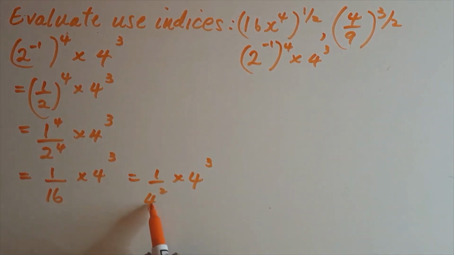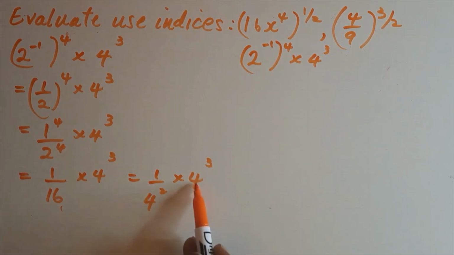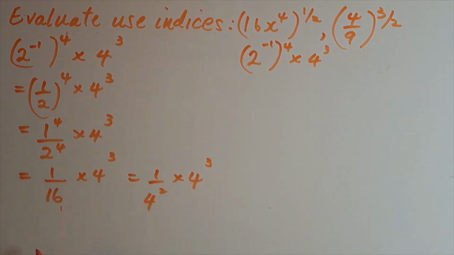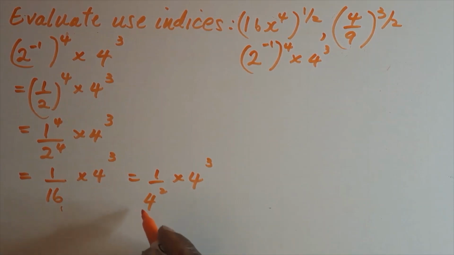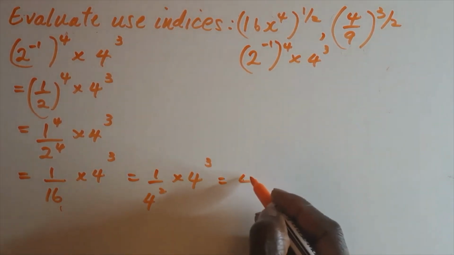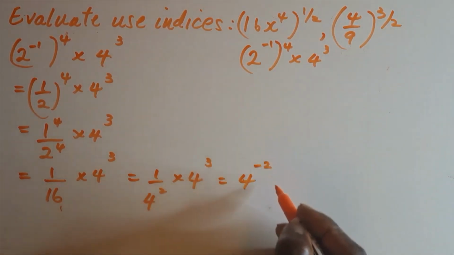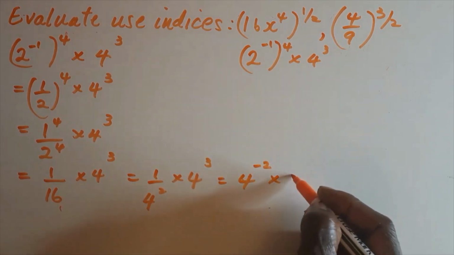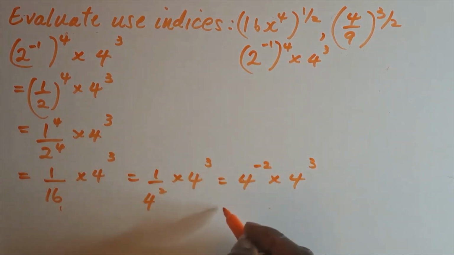The reason I use this as an equivalent to 16 is because I'm looking for something with the same base as this 4 cubed, so that I can evaluate this without much calculation. Now I'll take this into the numerator, and this becomes 4 raised to -2, and we're multiplying this by 4 cubed.